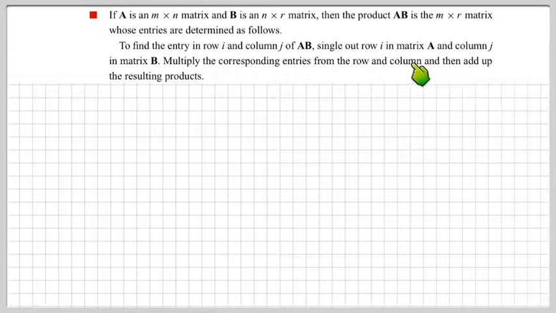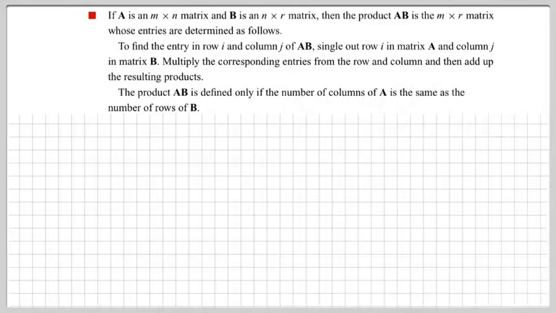Then you add those entries up to get a single entry in the new position of the multiplied matrix. Now, if that sounded gobbledygook, I will show you, don't worry.